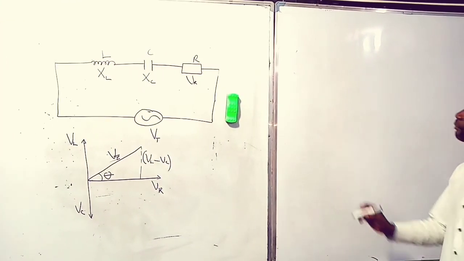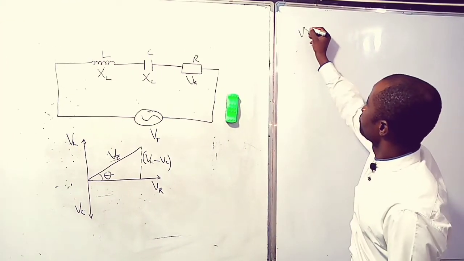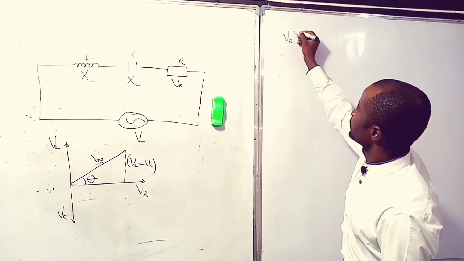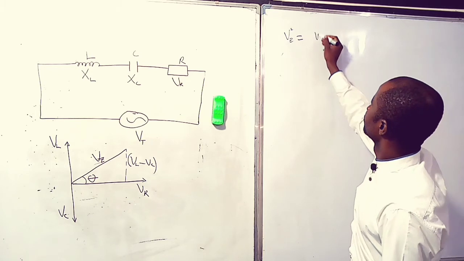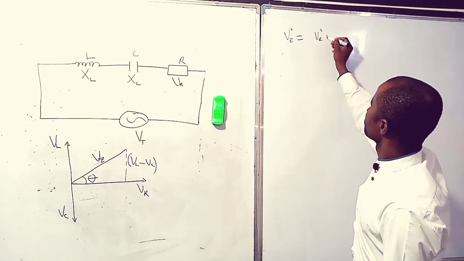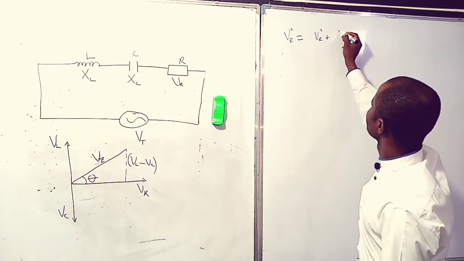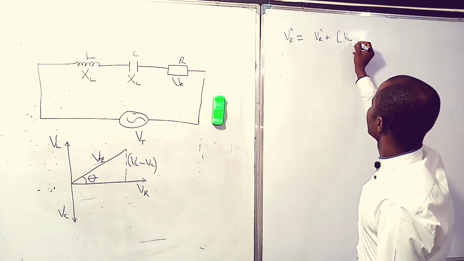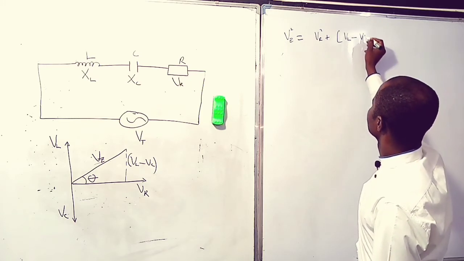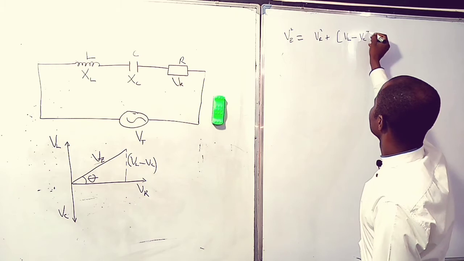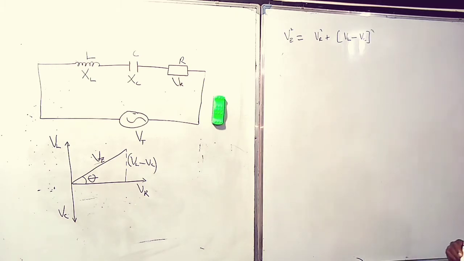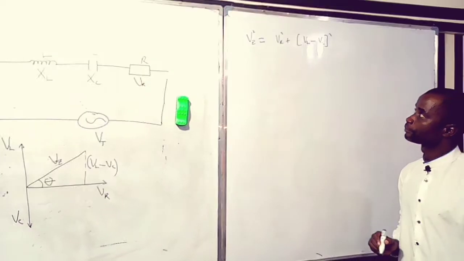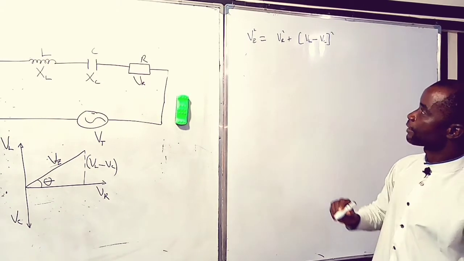From this angle, VZ square is equal to VR square plus VL minus VC all square. Therefore, recall that from Ohm's law, V is equal to IR.